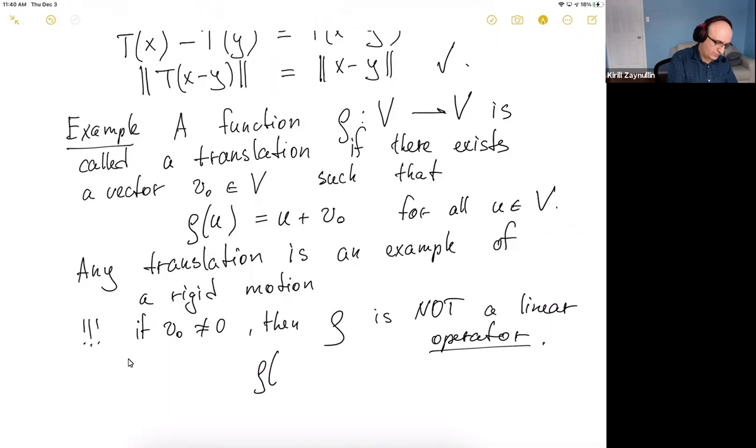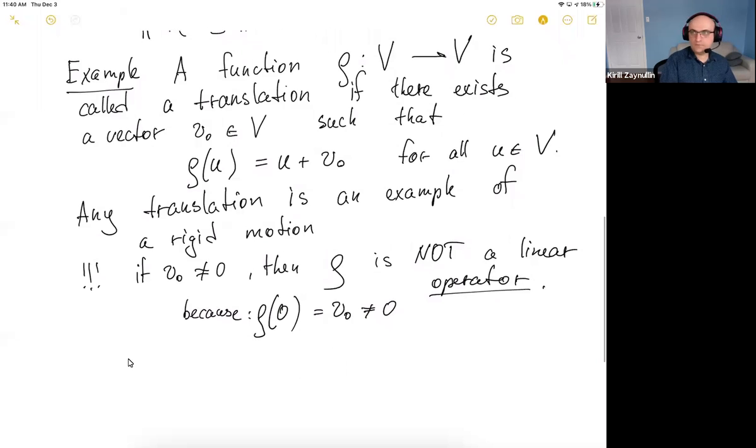Well, if you compute rho of 0, it's not 0, but it's rather V0, and this is non-zero. Okay, so now we have two families of basic examples of rigid motions: an isometry operator, right, and a translation.